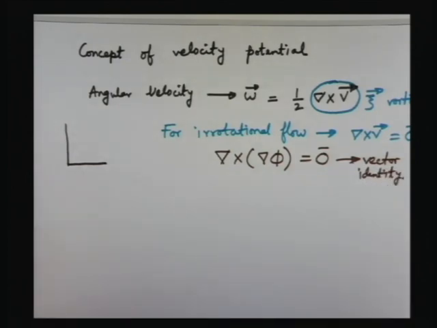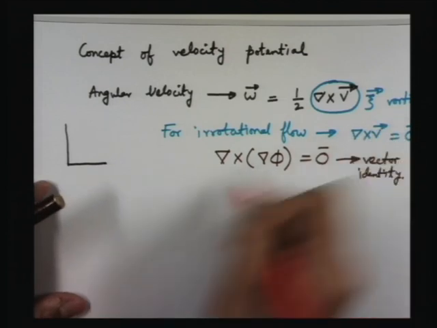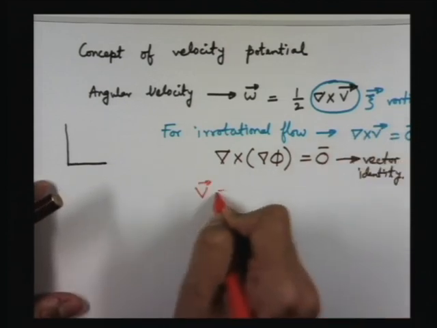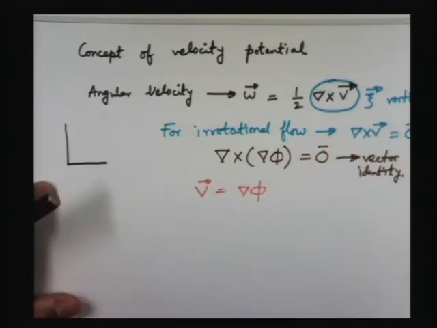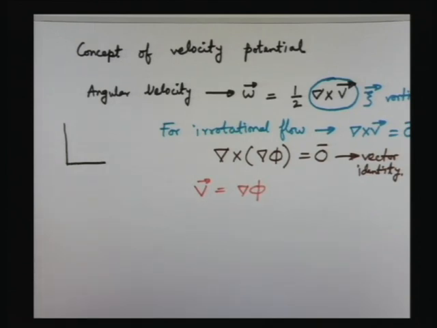That means if curl of the velocity is a null vector, then we can express V as grad phi, where this phi is a scalar function. So V is grad phi. We can write this only when the flow is irrotational.